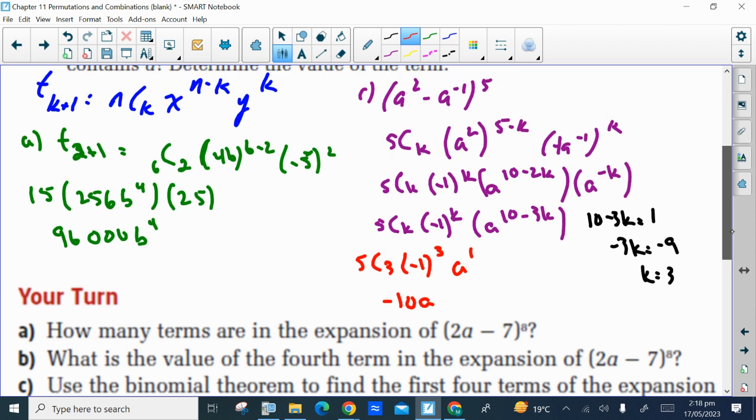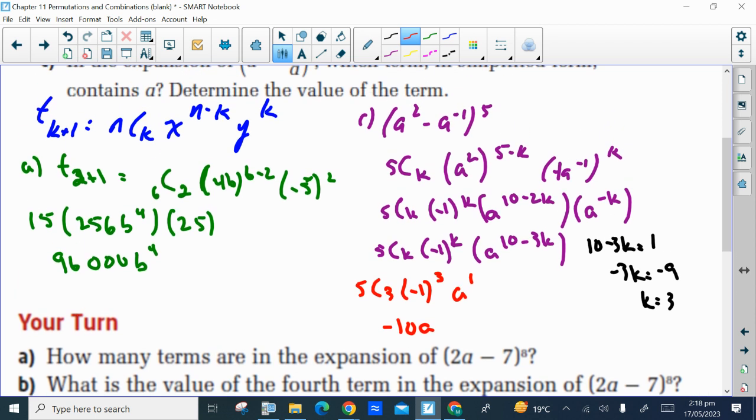So there's the term in that expansion that will be the first degree term, the term that will contain a or a to the power 1.